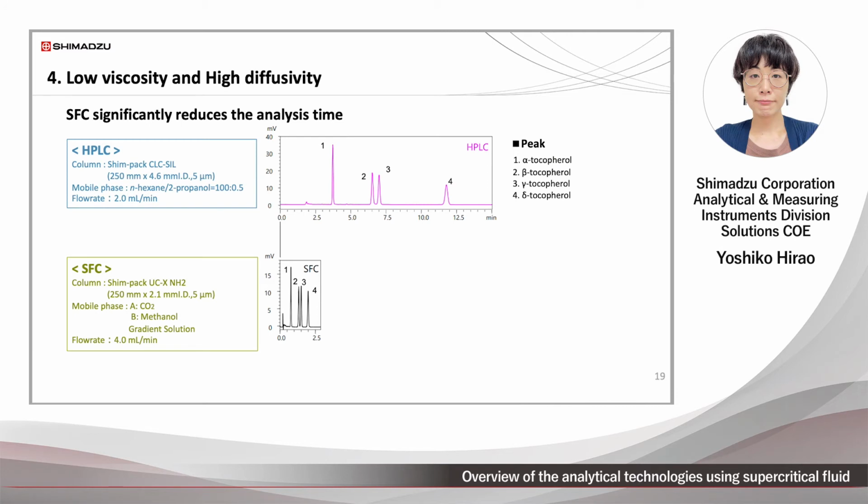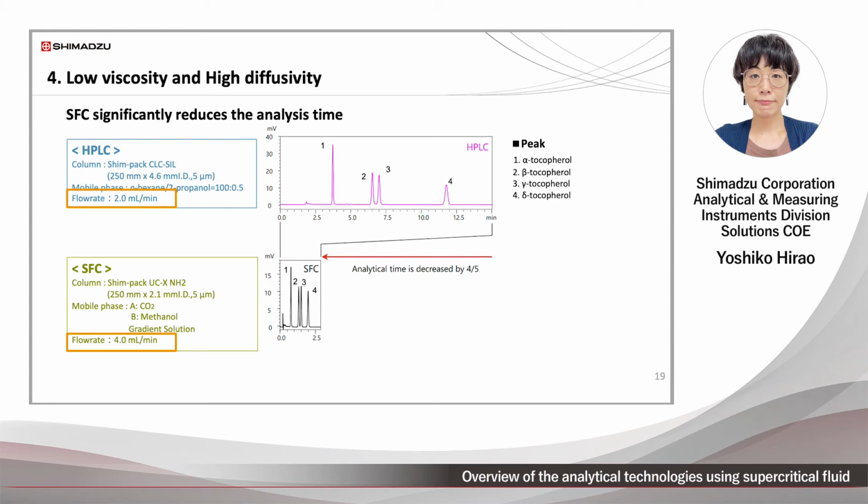Here is a comparison of HPLC and SFC for simultaneous analysis of tocopherols. The chromatogram above is the result of HPLC normal phase mode, and the bottom is SFC. The same separation pattern can be obtained in both methods. And SFC can also deliver the mobile phase at a high flow rate. As a result, we can save five times the analysis time.